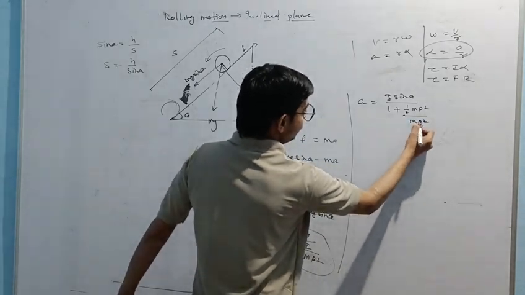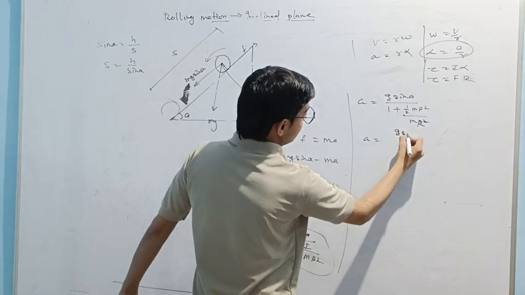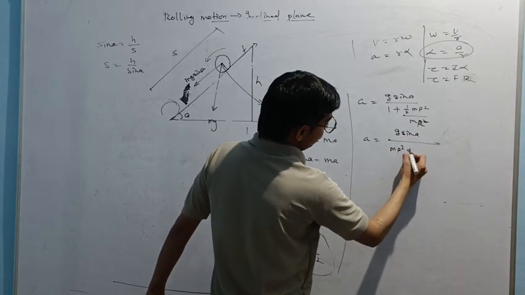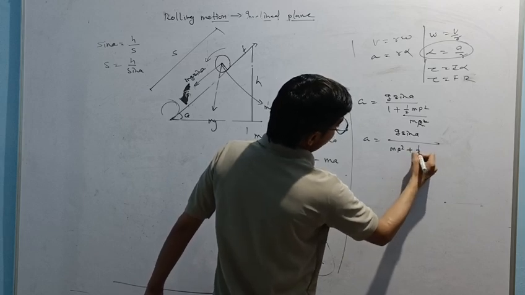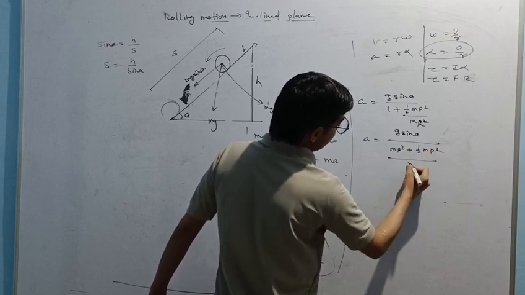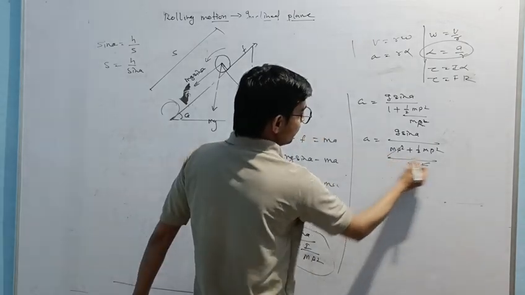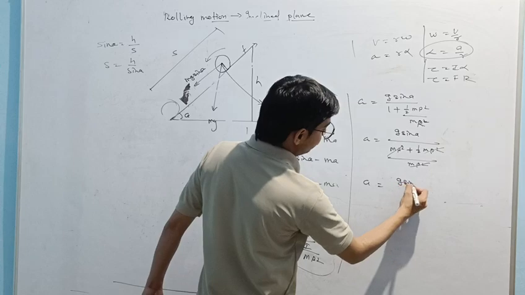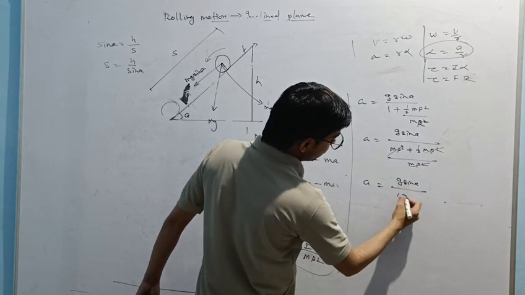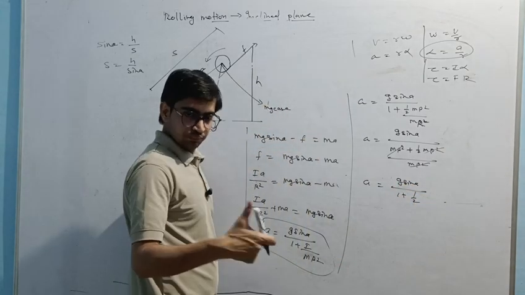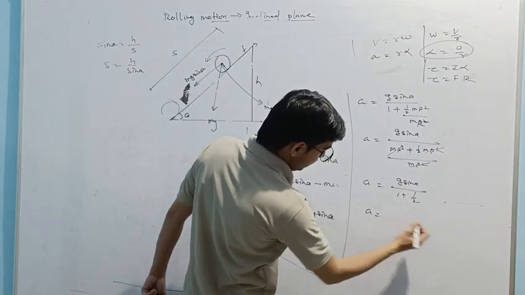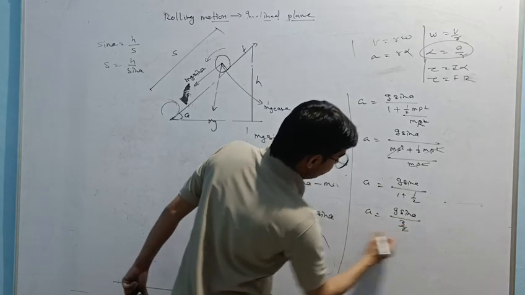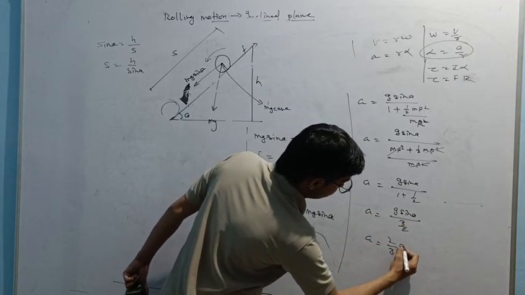Take LCM, mr square must cancel out. What are you getting? A is equal to g sin theta upon 1 plus 1 by 2. All right, A is equal to g sin theta upon 3 by 2. We can say 2 by 3 g sin theta.